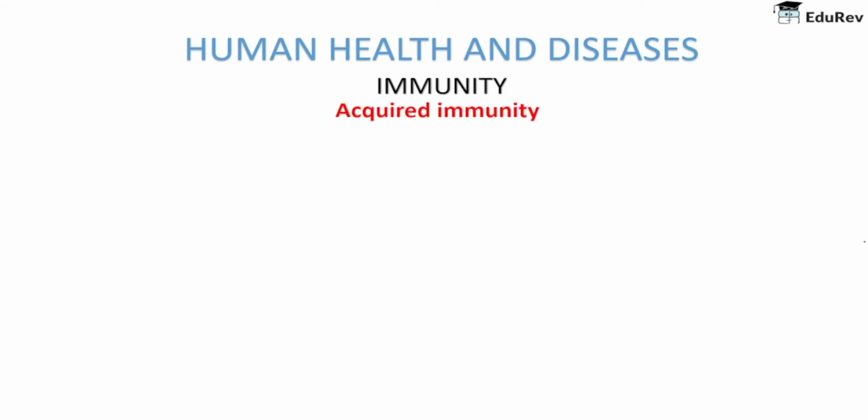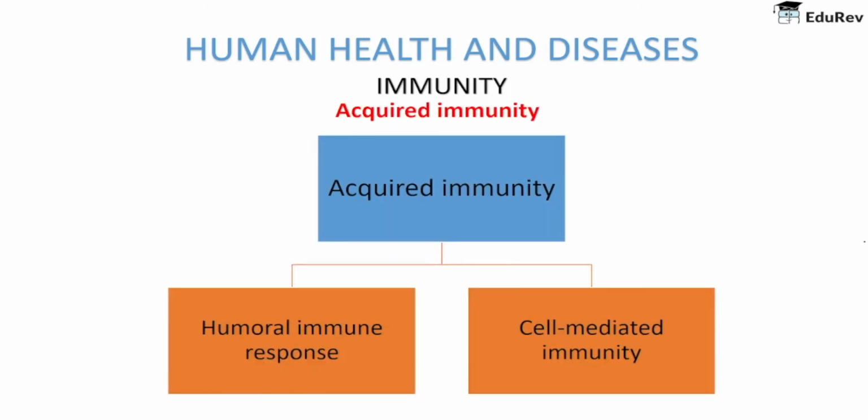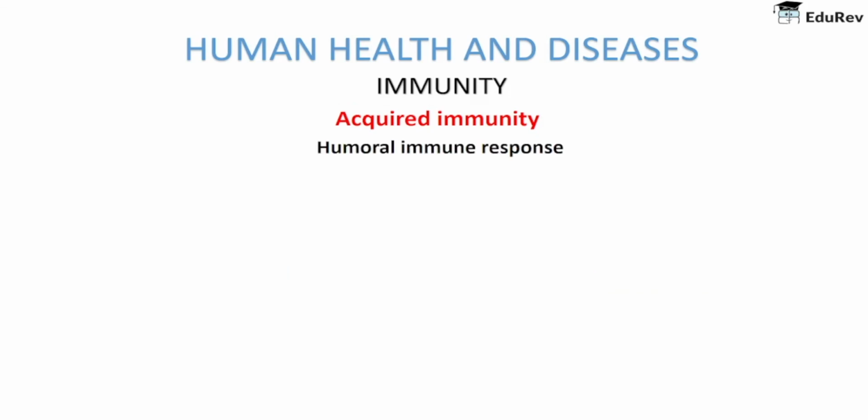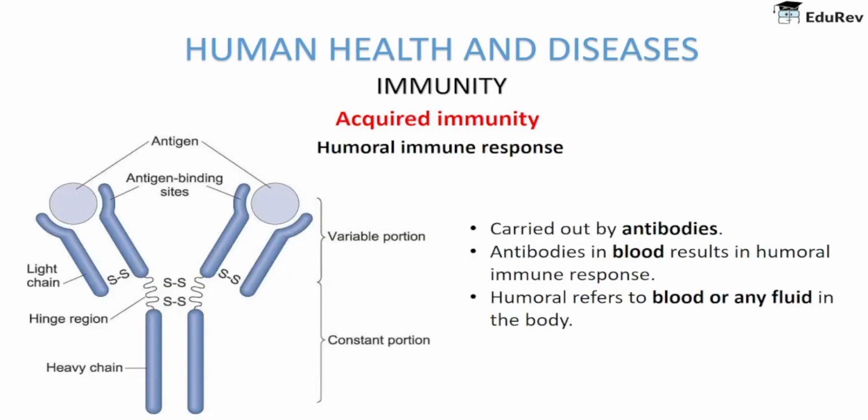Acquired immunity or the acquired immune response is primarily of 2 types. First one is the humoral immune response and second one is the cell-mediated immunity, also known as CMI. Talking about the humoral immune response, it is carried out by the antibodies which are present in the blood.